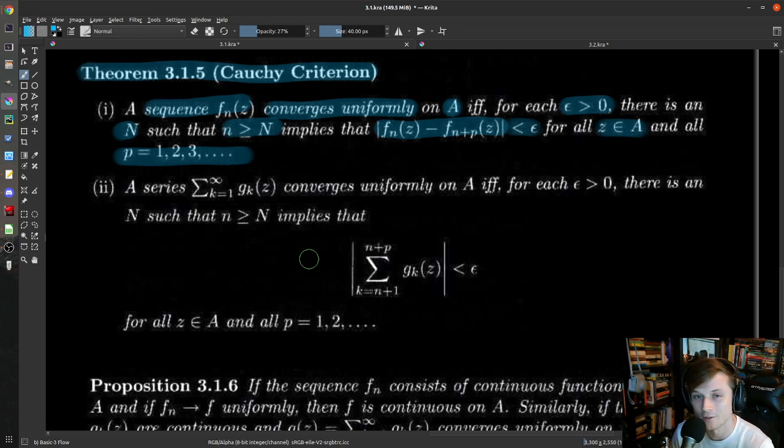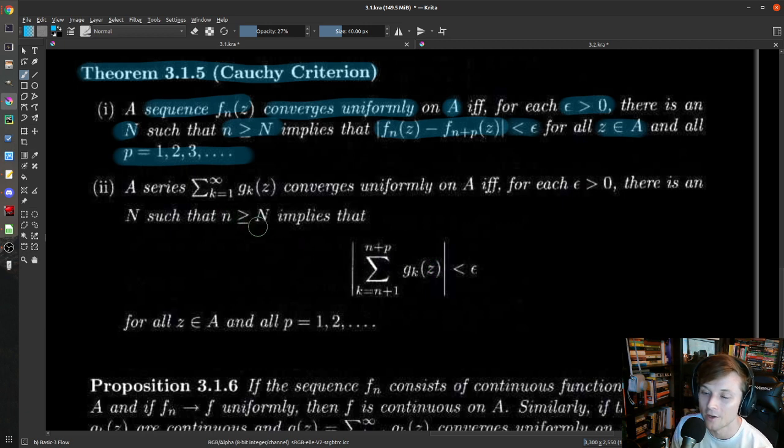So this says that uniform convergence can be determined by whether or not everything eventually gets close and stays close, at every point.